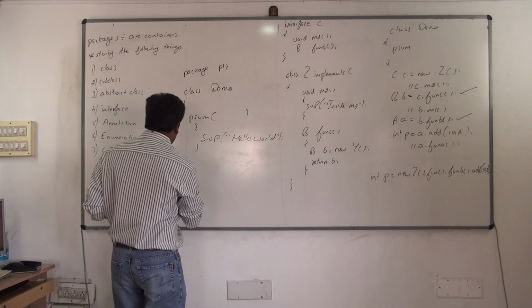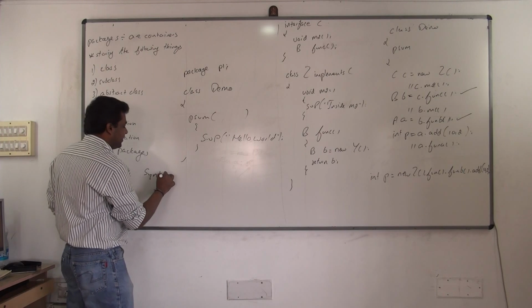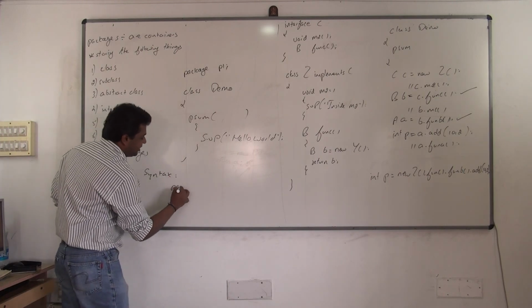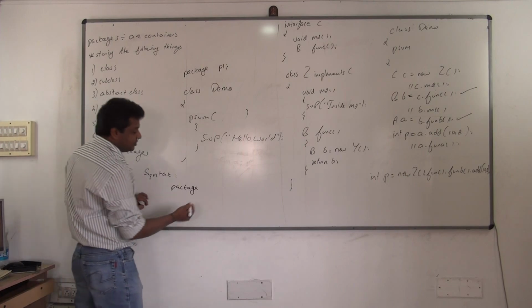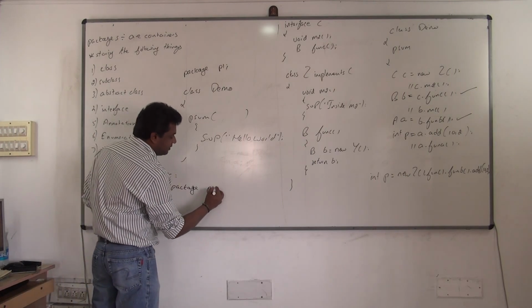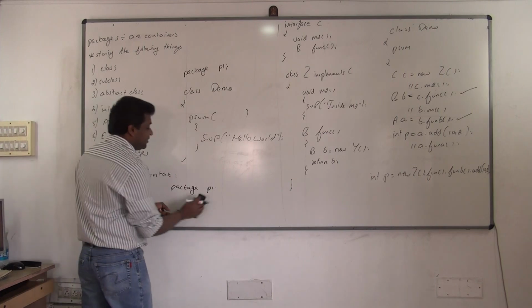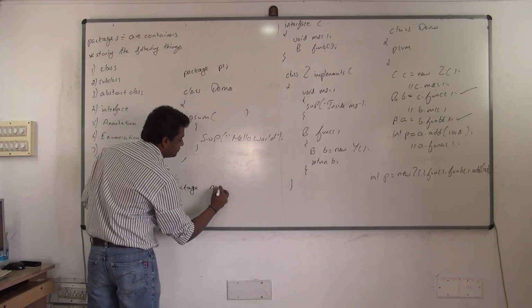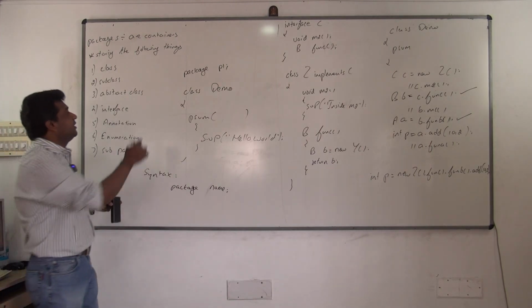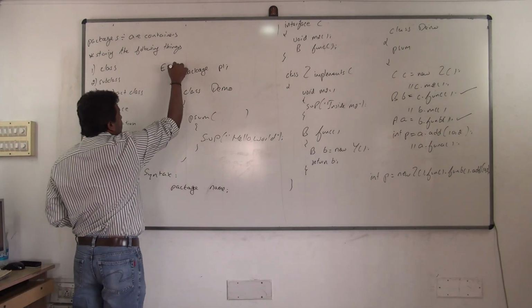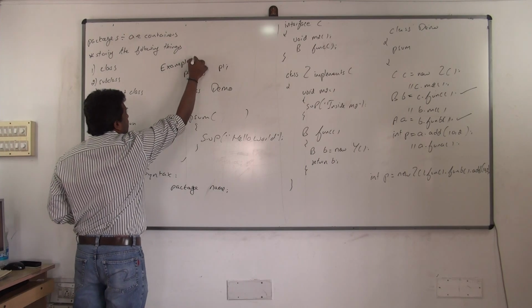So the syntax for package would be, see this: package is the keyword, then the name. This is the syntax for a package. Now this is an example for a package. Are you following this?